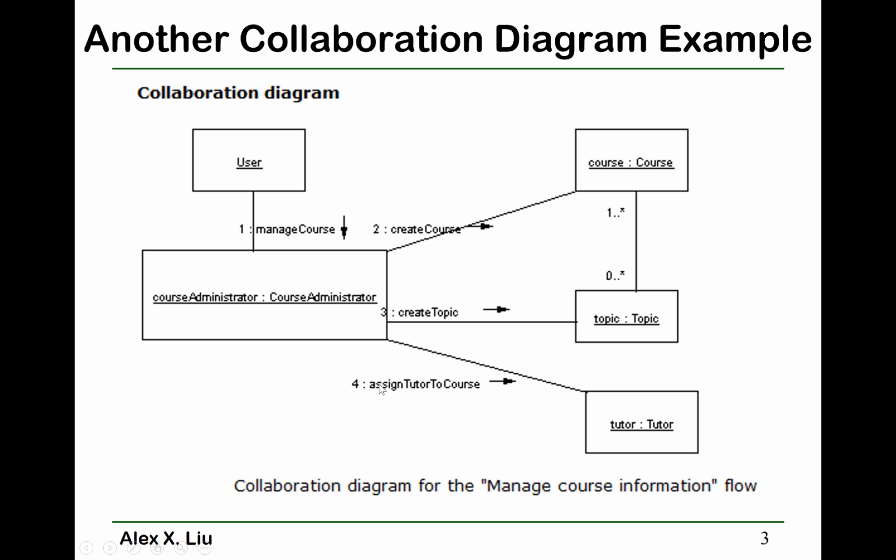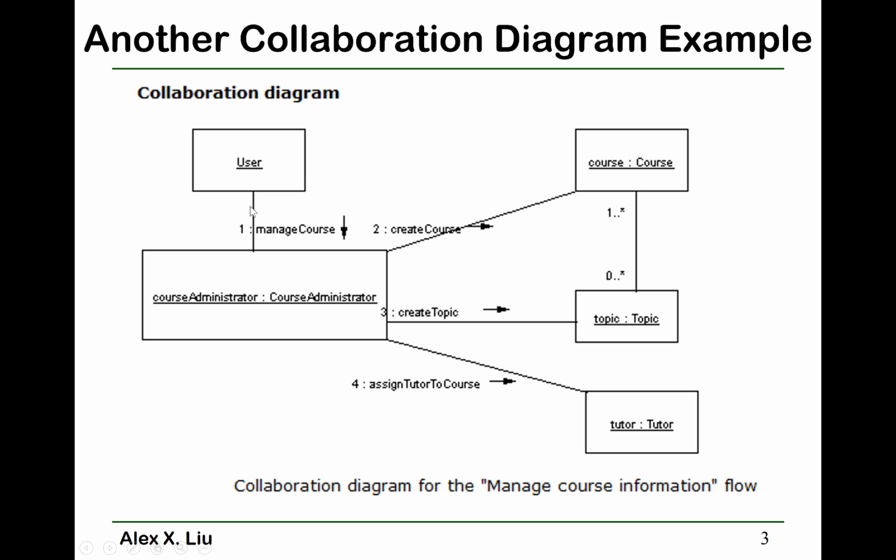This collaboration diagram is designed for managing a course. Now let's take a look. Here we have a user, and this user object first works with the course administrator object.